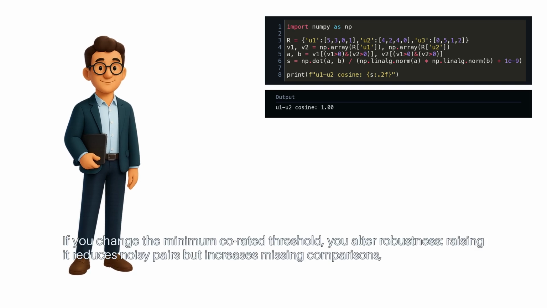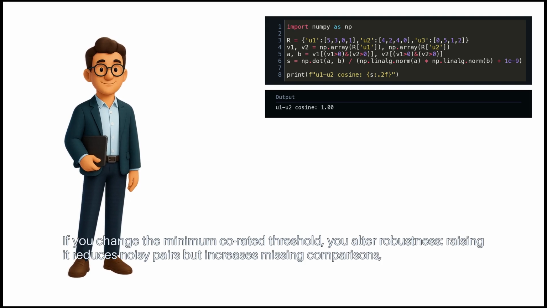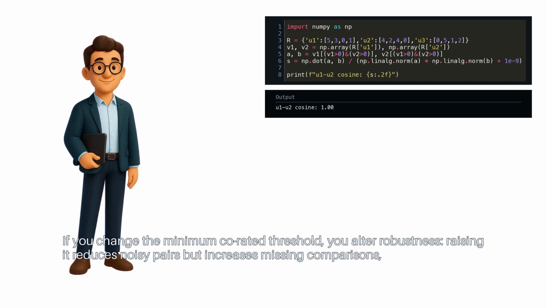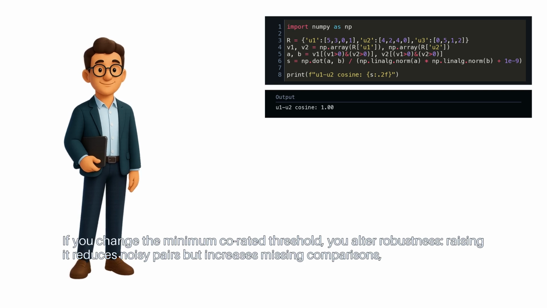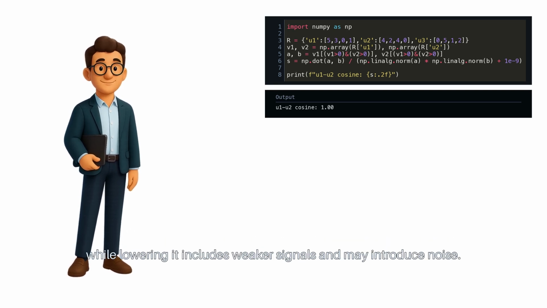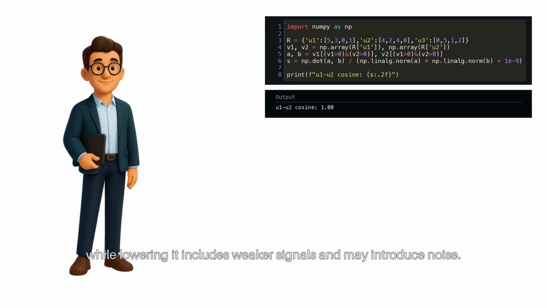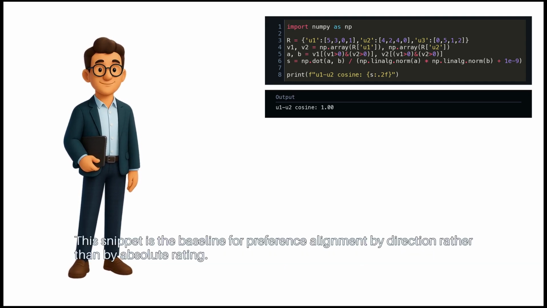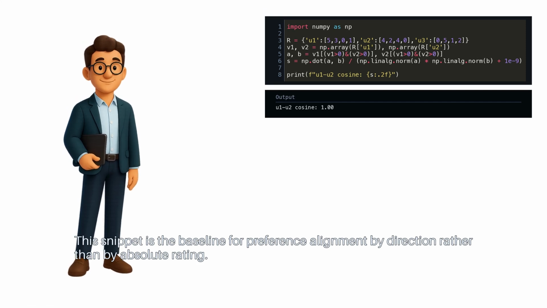If you change the minimum co-rated threshold, you alter robustness. Raising it reduces noisy pairs but increases missing comparisons, while lowering it includes weaker signals and may introduce noise. This snippet is the baseline for preference alignment by direction rather than by absolute rating.